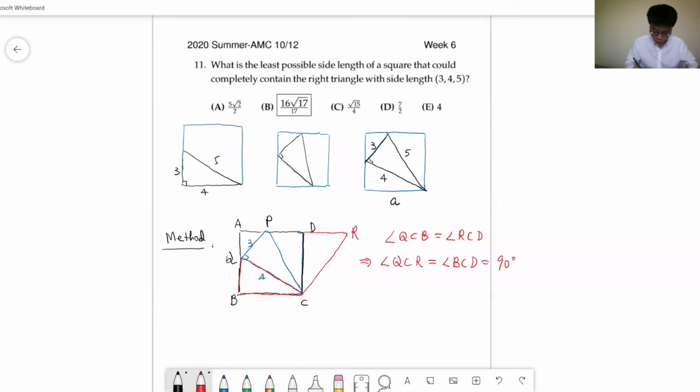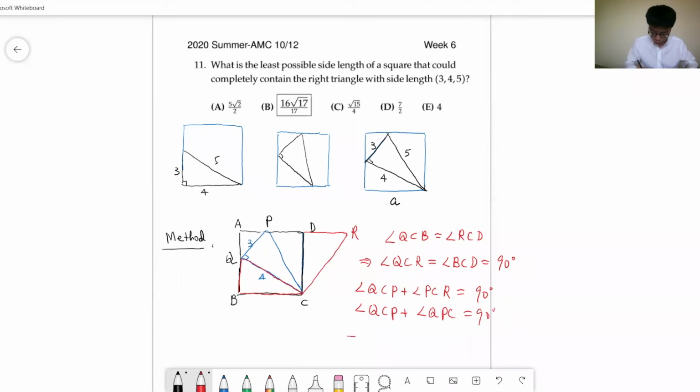So that means angle QCP plus angle PCR is 90 degrees. And we also know that angle QCP plus angle QPC is 90 degrees.